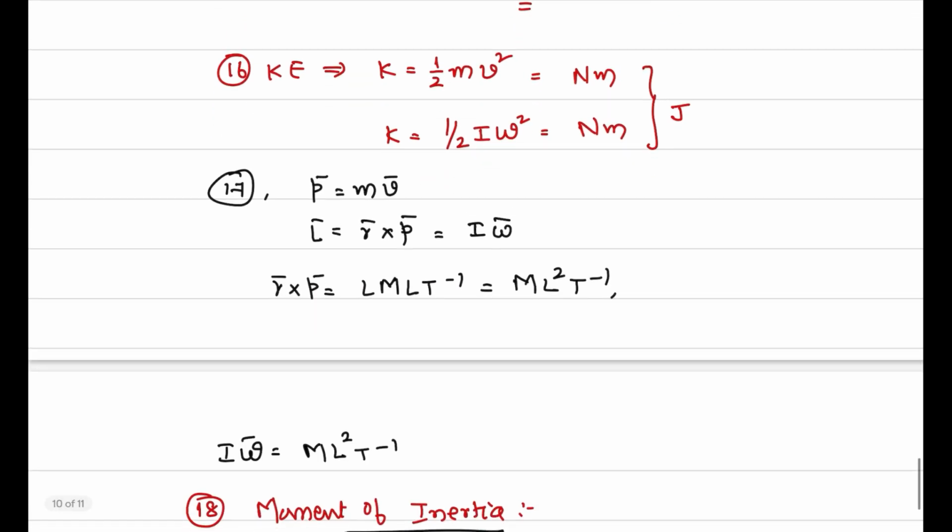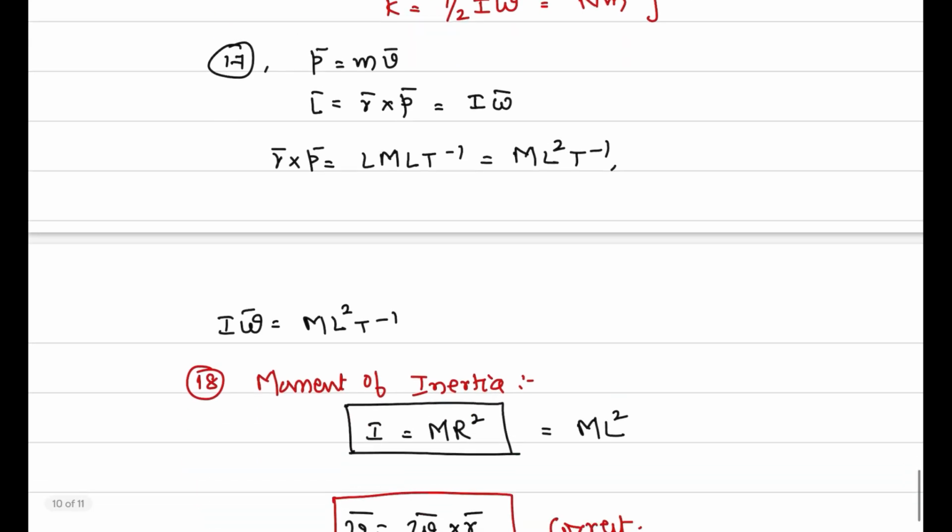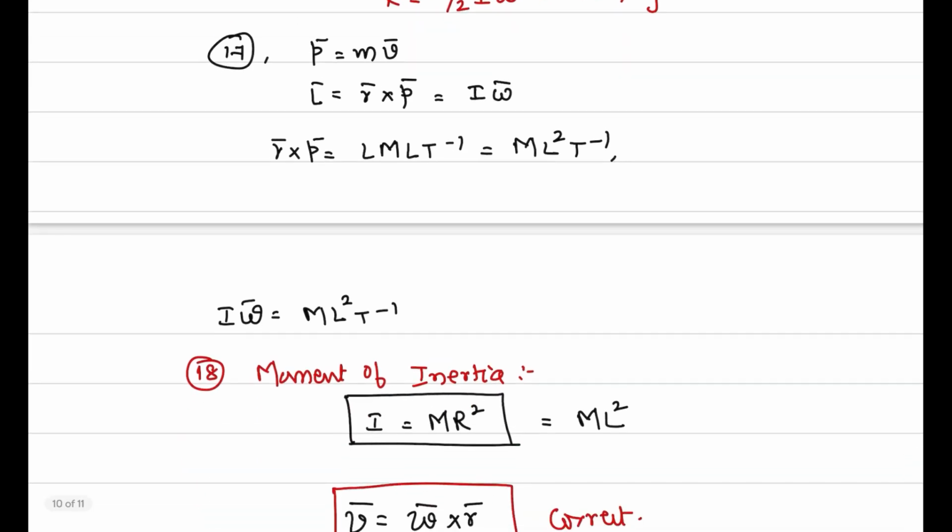Then p is equal to mv, that is linear momentum, and angular momentum is equal to r cross p, that is equal to I omega. r cross p has dimensions ML square T to the power of minus 1, and I omega is equal to ML square T to the power of minus 1.